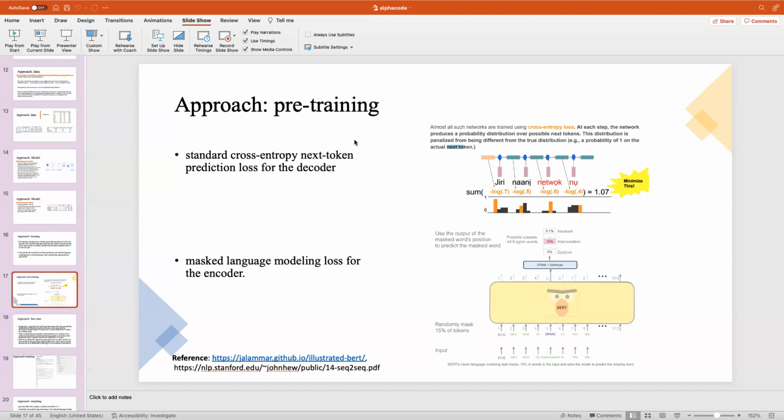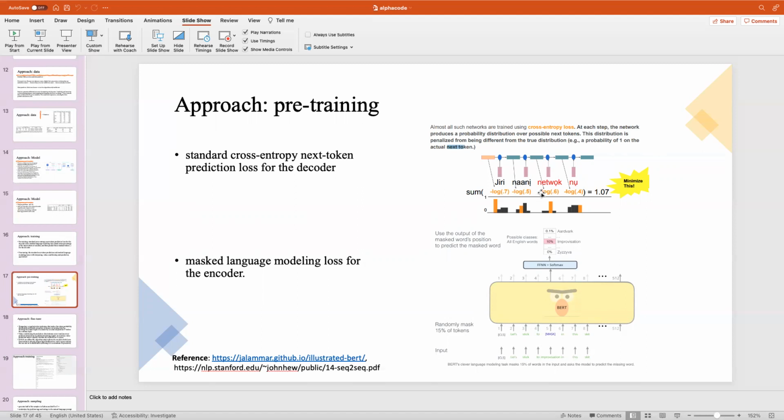As I said before, there are two parts of the loss function. The first is the standard cross entropy next token prediction loss. It's mostly for the decoder, as you can see in the red figure. When you generate a token, you have a probability distribution, and you compute the cross entropy of this distribution against the real distribution.